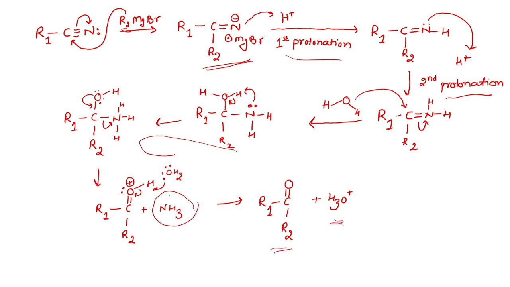So this is the mechanism of reaction of nitrile with your Grignard reagent, and you will get a ketone as a product. So now I have shown you the reactivity of Grignard reagent and various reactions, how you will get tertiary alcohol, primary alcohol, acid and ketone as a product.